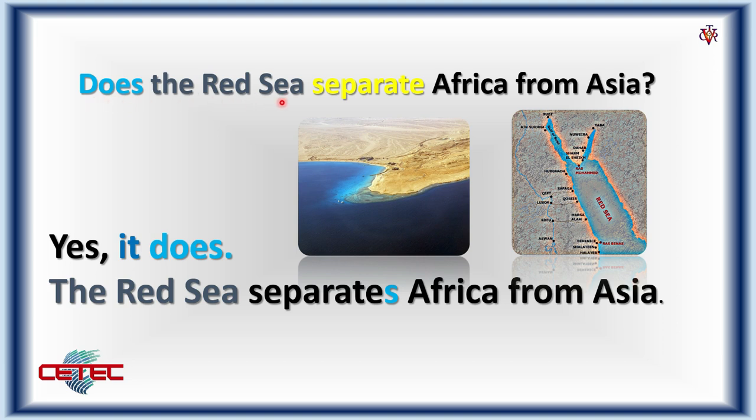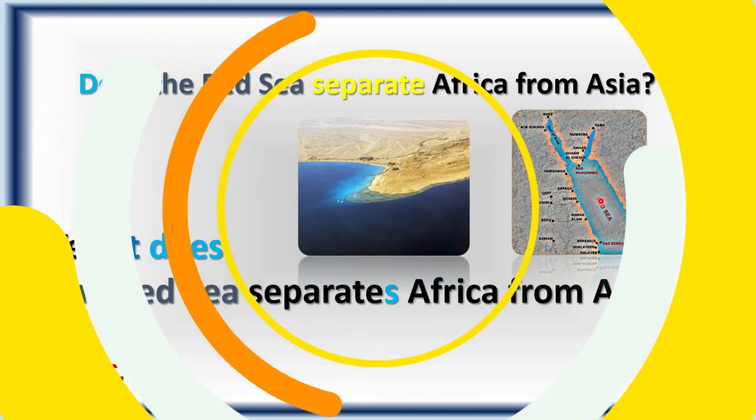And the Red Sea, the verb separate, complement, and question mark. Don't forget, if the answer is positive, yes, it refers to the Red Sea, it does. And now the Red Sea separates, the verb, here we have to add s. In the picture, it shows how the Red Sea has Africa on one side and Asia on the other side.